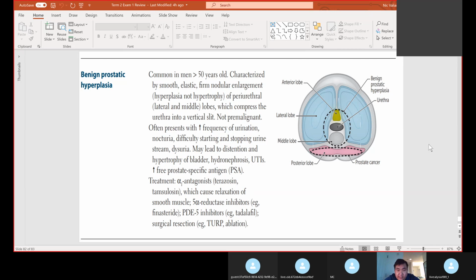Signs and symptoms: frequency of urination, nocturia, difficulty starting and stopping urine stream, and dysuria. What's the treatment? Your alpha-1 antagonists, like tamsulosin, right? You can also do 5-alpha reductase inhibitors, finasteride, or you can do a surgical resection. Here we usually do TURP, and then you could also do ablation.